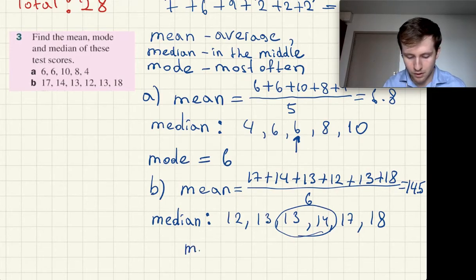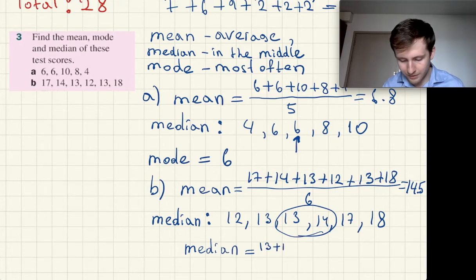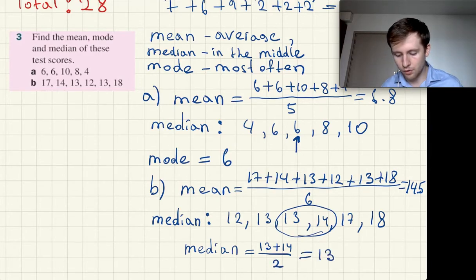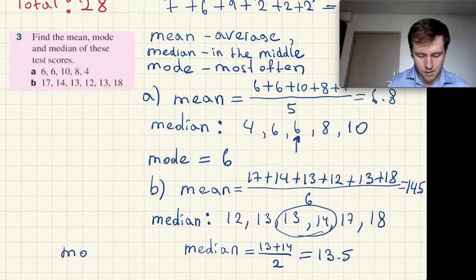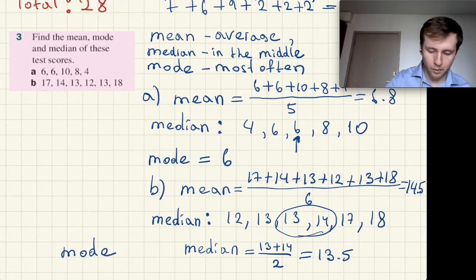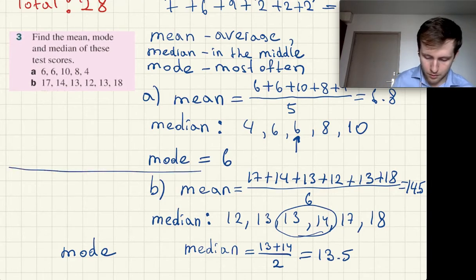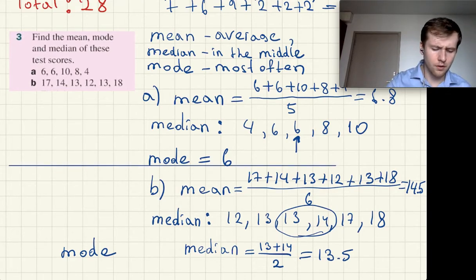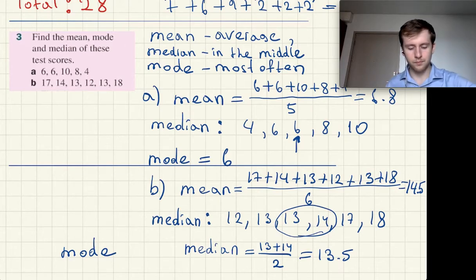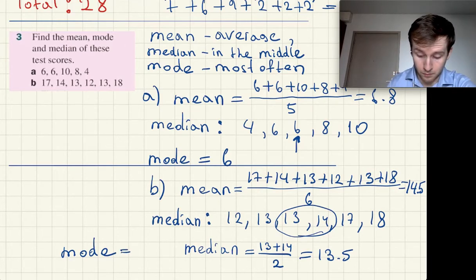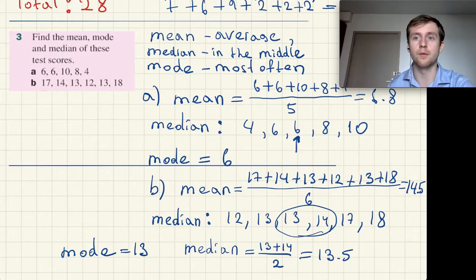In this case median equals 13 plus 14 divided by 2, which is equal to 13.5. And the last one, mode for B. I'm going to separate B from A like this. So mode for B is equal to 13, because we have 2 13s in here.